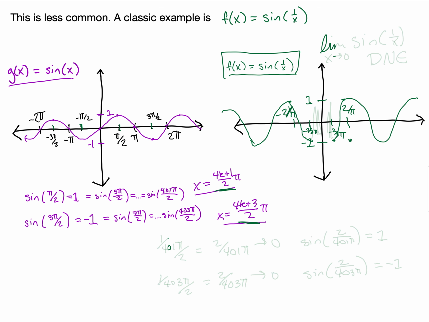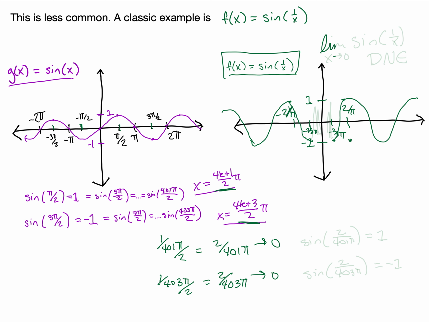If we think about, for example, 1 over 401 pi divided by 2, or in other words, 2 over 401 pi, that's getting close to 0. And similarly, 1 over 403 pi over 2, that's 2 over 403 pi. Those values are both close to 0, and they're also very close to each other.